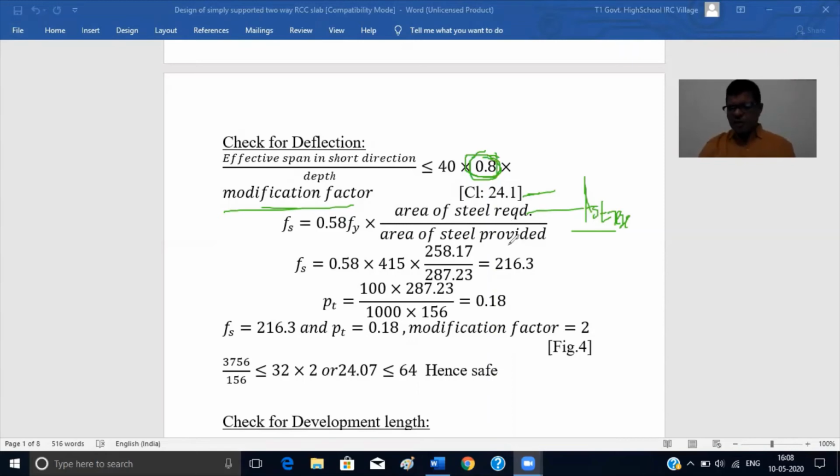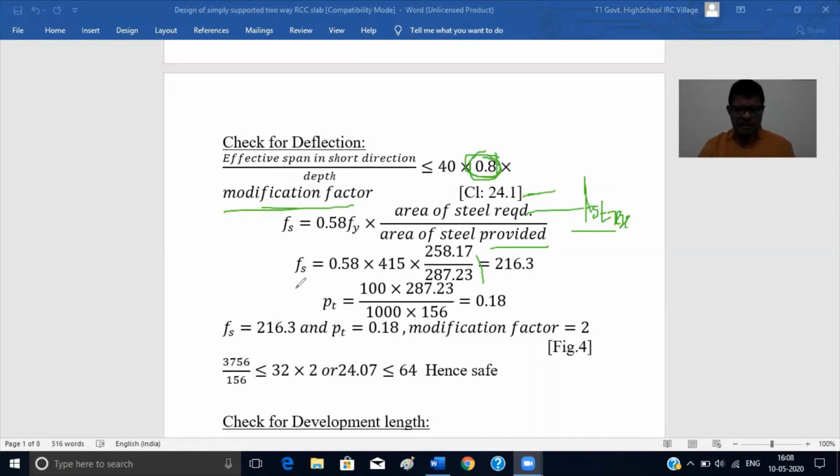Now your area of steel required by area provided is taken here. That is x direction steel. Don't confuse here, x or y, it is only the short direction. It is written also in the code. So read your code. You can also check the deflection in another lecture uploaded on YouTube. You can follow that video and understand the concept of the deflection check for beams and slabs.